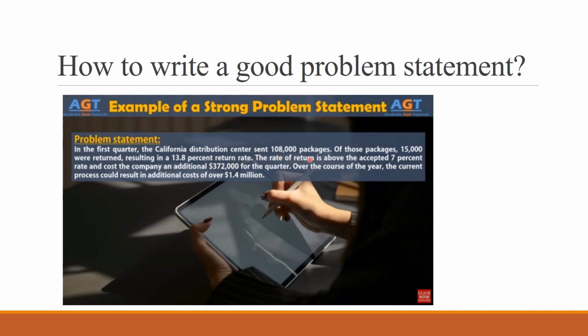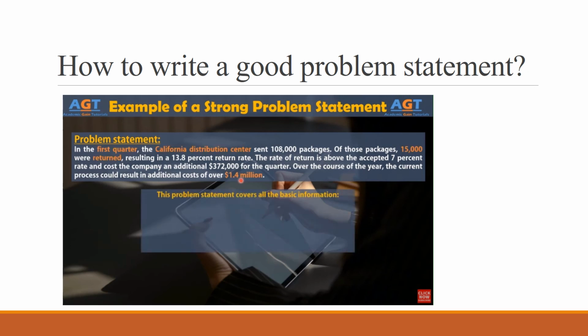The rate of return is above the accepted 7% rate and cost the company an additional $372,000 for the quarter. Over the course of the year, the current process could result in additional costs of over $1.4 million. This problem statement covers all the basic information.